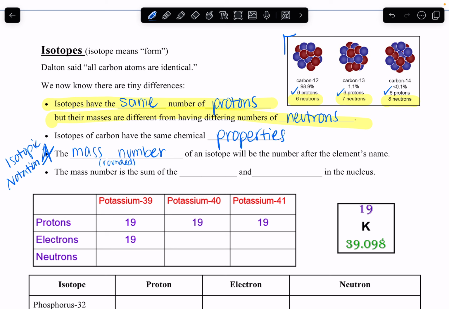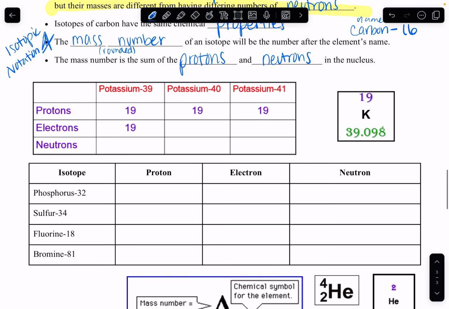Way number one is what I'm saying right here, where it has the element's name, so carbon, dash, mass, so 16. So name, dash, mass number. That's the rounded version. The mass number is the sum of the protons and neutrons in the nucleus. But we already knew this because we're super smart, right?